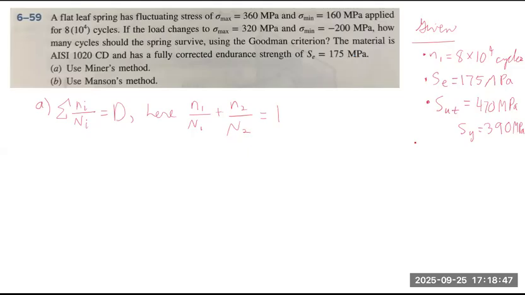All right. What else do we know? Well, we know the boundaries of sigma max and sigma min for both the first and second cycle.